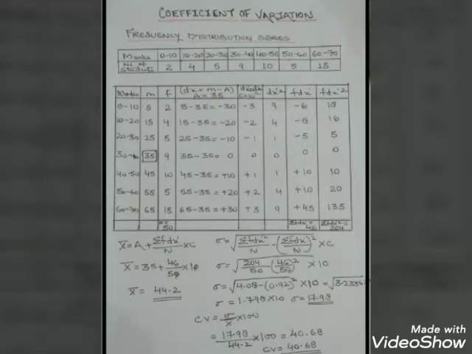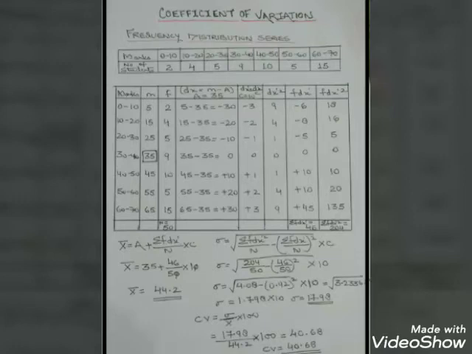Right? Now the next thing you are supposed to do is find a common factor by which all the deviations can be divided. Our deviations are 30, 20, 10, 10, 20, 30, which can easily be divided by 10. So our common factor is 10.